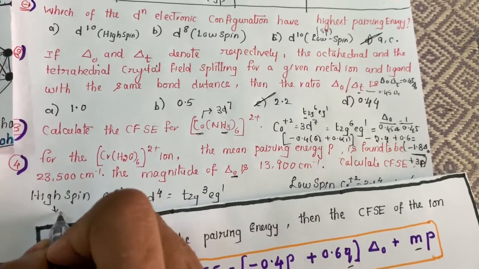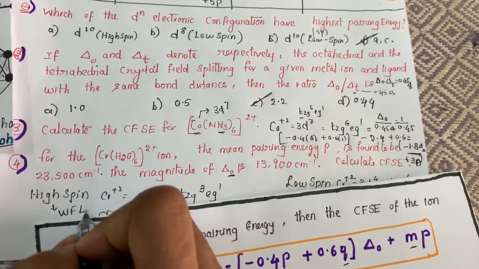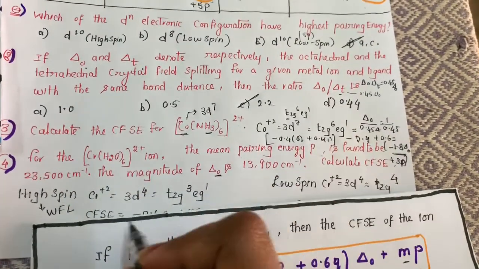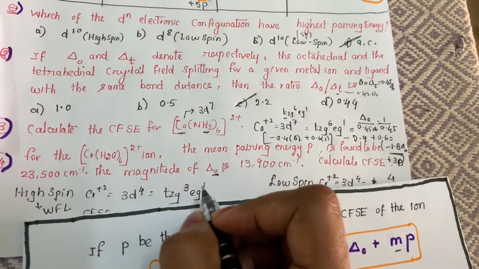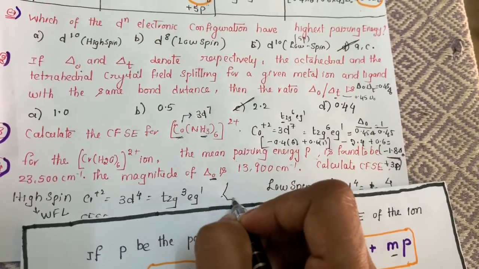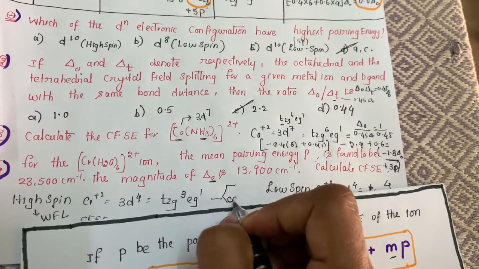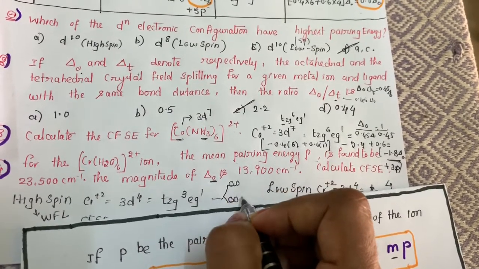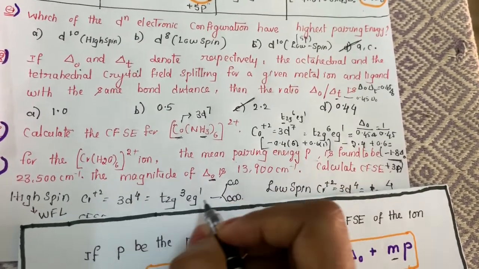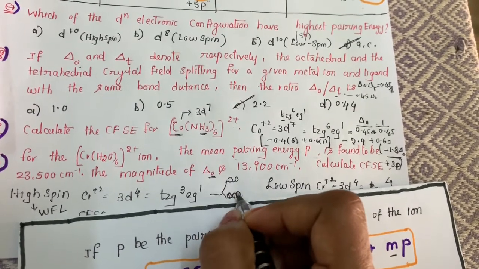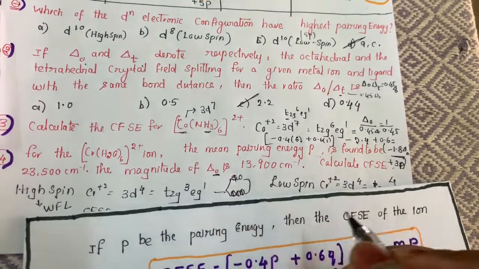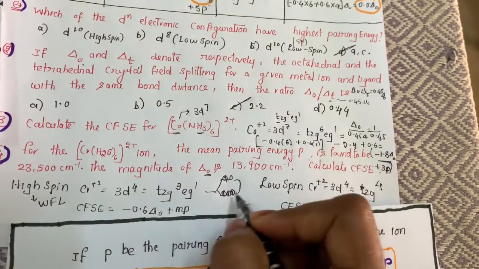High spin means weak field ligand. For the weak field ligand there is no pairing, as the t2g and eg gap is very small, and there is no possibility of electrons getting paired up here. So all the 4 electrons, the first, second, third and fourth electron, will enter the eg level. Is there any pairing?